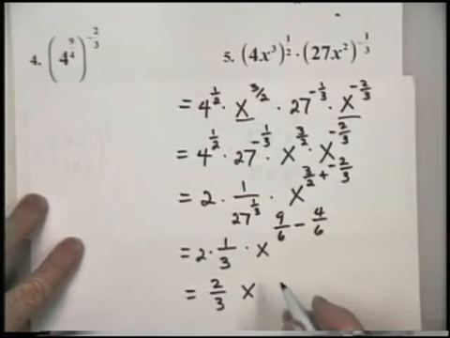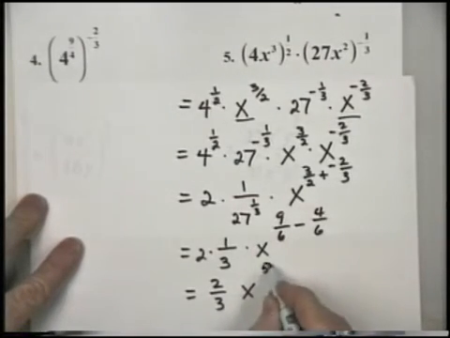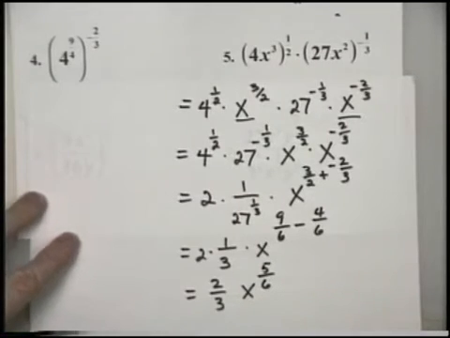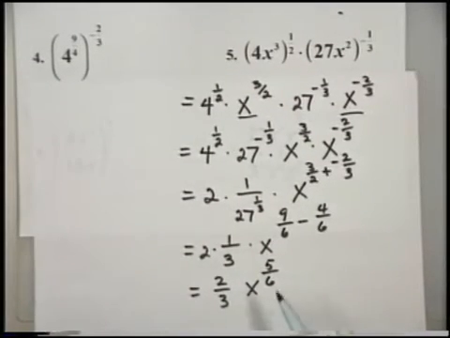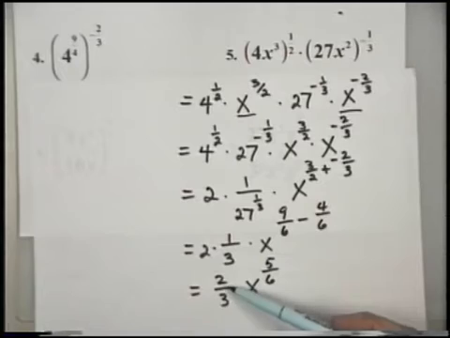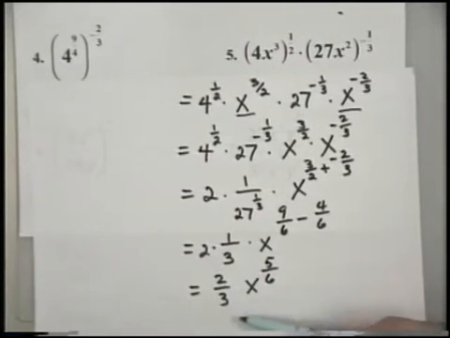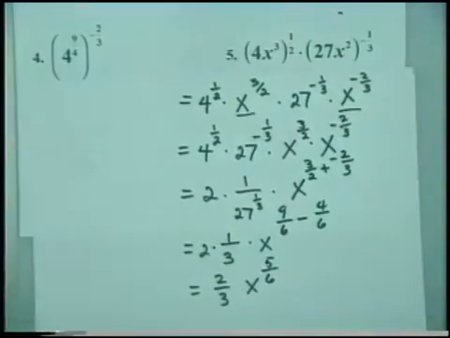And finally, 2/3 x to the 9/6 minus 4/6 is 5/6. Now, are we done? Well, it's a simple fraction, no negative exponents, and it's reduced.